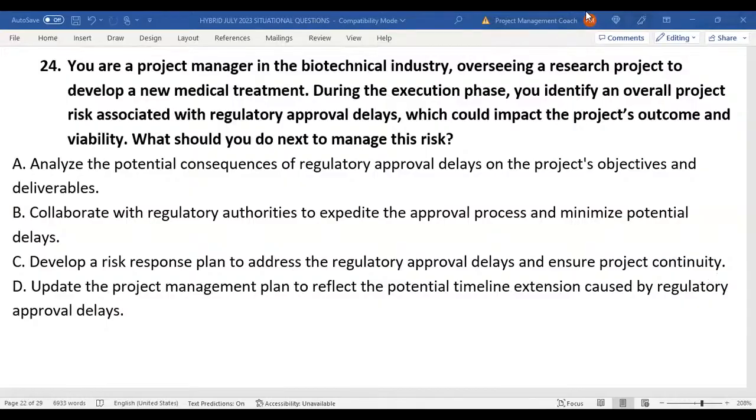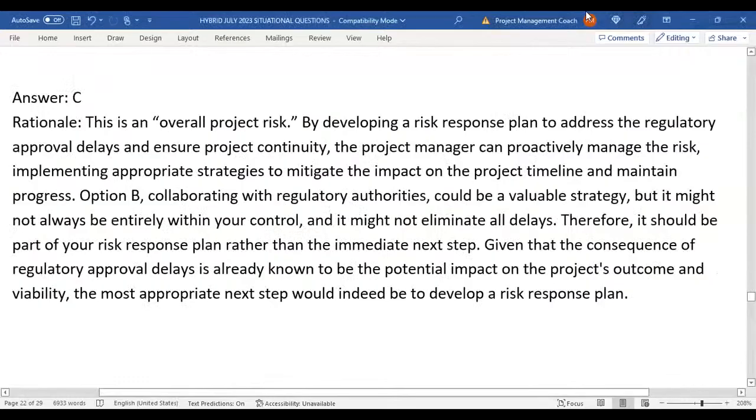The explanation here says this is an overall project risk. By developing a risk response plan to address the regulatory approval delays and ensure project continuity, the project manager can proactively manage the risk, implementing appropriate strategies to mitigate the impact on the project timeline and maintain progress. Option B, collaborating with regulatory authorities could be a valuable strategy, but it might not always be entirely within your control, and it might not eliminate all delays.